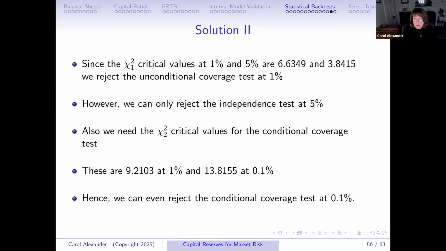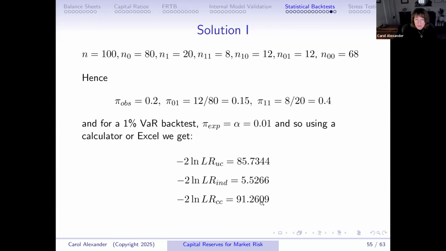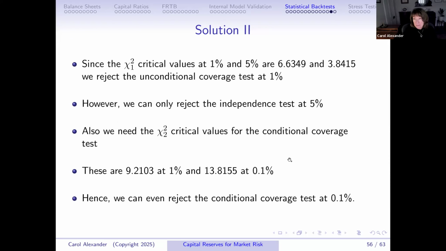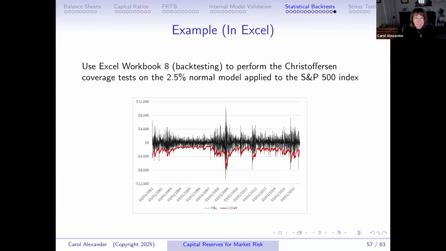We need to use chi-squared 2 critical values for the conditional coverage test, which are 9.2103 at 1% and 13.8155 at 0.1%. Because we've got such a large value here for the conditional coverage test, it's 91.26, we reject at 0.1%, and we probably reject at 0.01% as well. Very obvious rejection of the no clustering hypothesis there.